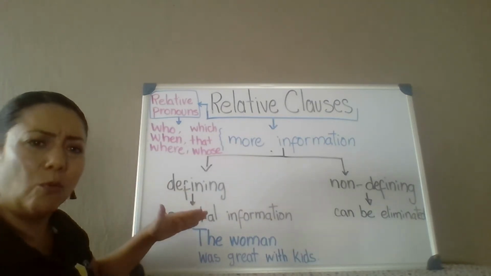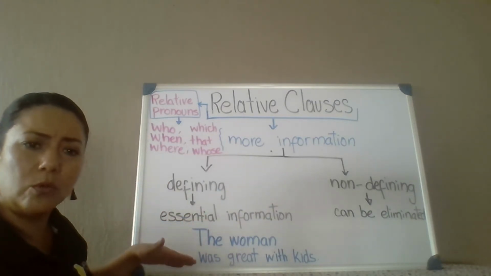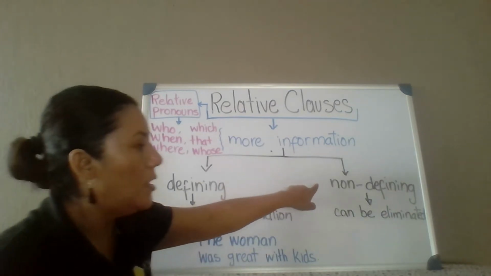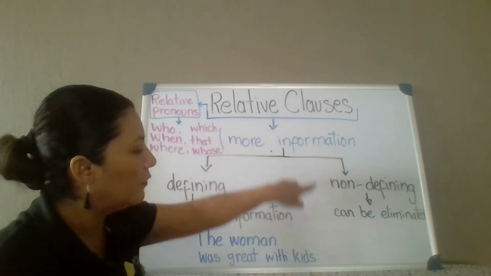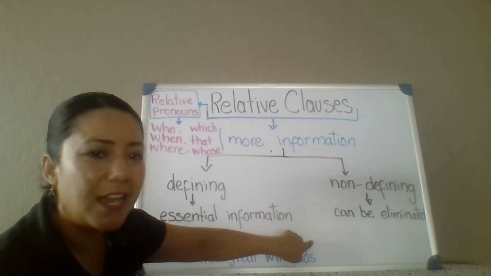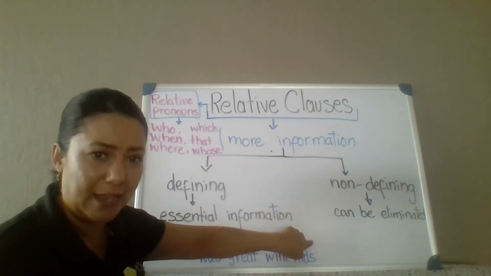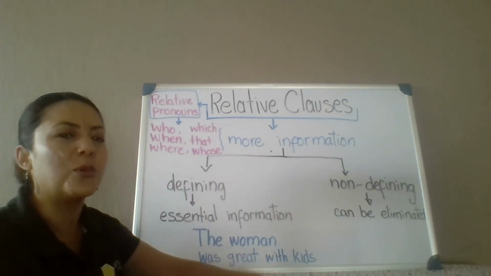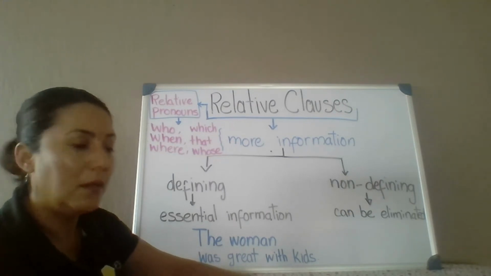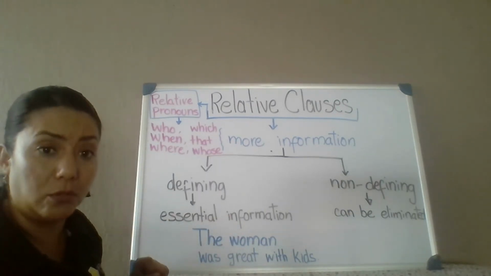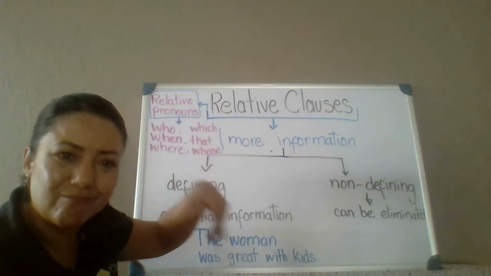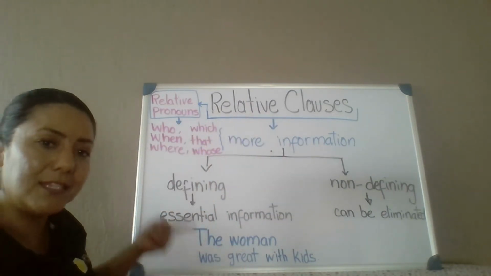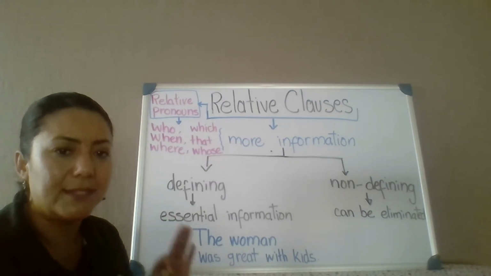Before, were we talking about a woman who's great with kids? Yeah. So, non-defining relative clauses are not essential. They give us extra information. Oh yeah, this woman was a teacher. Thank you for that information. But it's not essential. How do we know? If we take it off, we can still understand the sentence because the sentence makes sense.